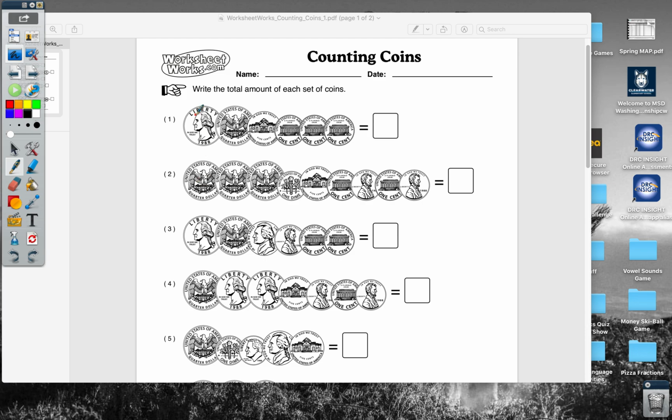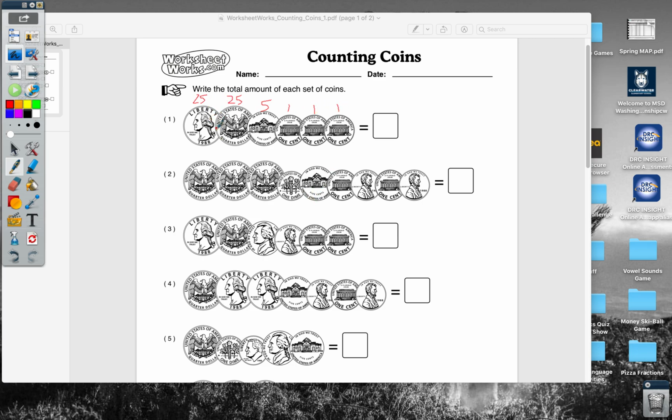Another great thing to do, if you've got a paper and a pencil, even if you're doing a worksheet, is to write those values down. A couple ways you could do that. Some people like to label the top of every coin with how much it is. That is one possibility for you.